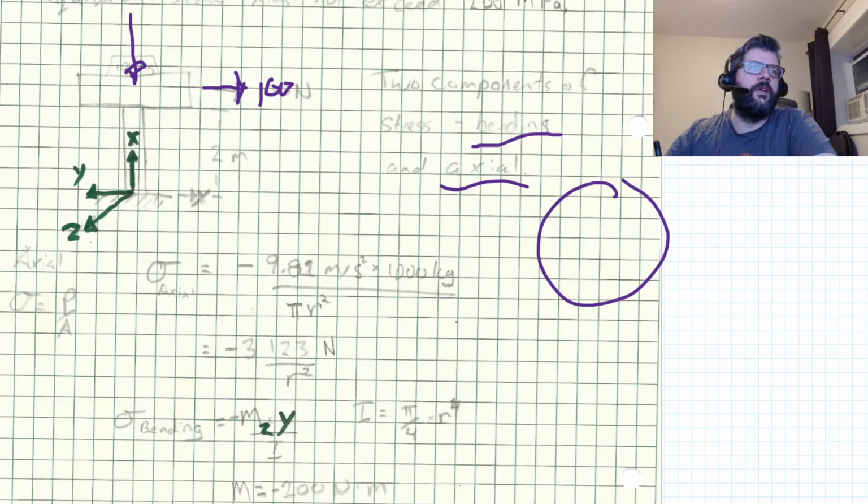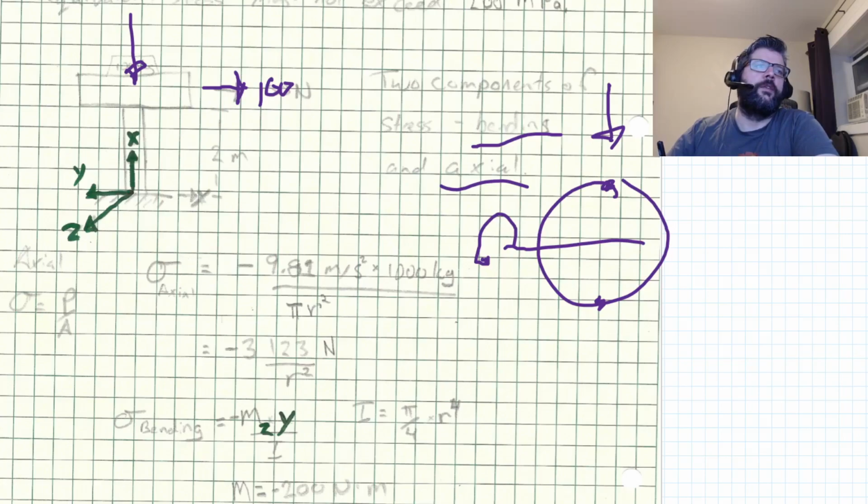we've got some sort of bending moment. The bending moment is about this axis due to a shear load. At this point, and at this point at the top and the bottom here, those are where the stresses due to our bending moment are the highest.